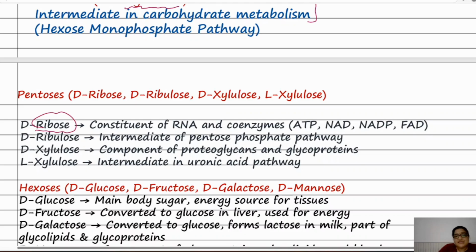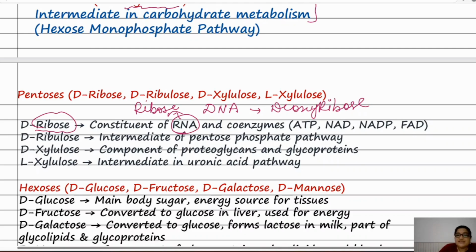Ribose sugar is an important constituent of RNA as well as DNA. We know that in DNA the sugar is deoxyribose, and in RNA we have the ribose sugar.